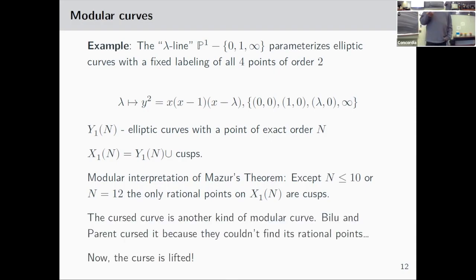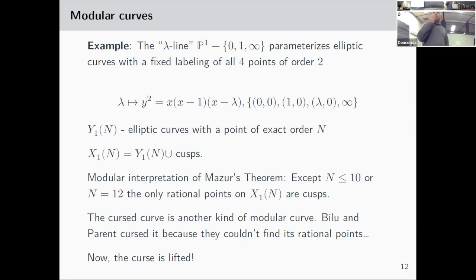And then what's the cursed curve? It's another kind of modular curve. It's kind of technical to explain exactly what it is. It comes up in a long list of modular curves of this type, and techniques similar in part to techniques of Mazur were used to look at all the rational points on these curves and usually be able to say that they are only cuspidal rational points.